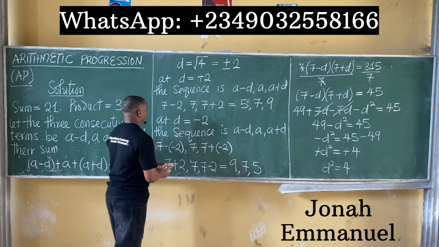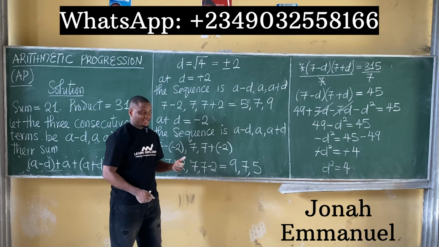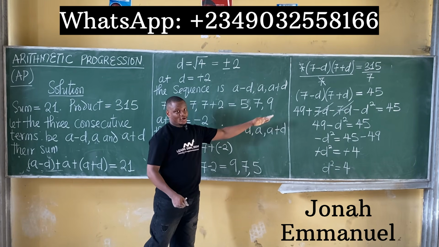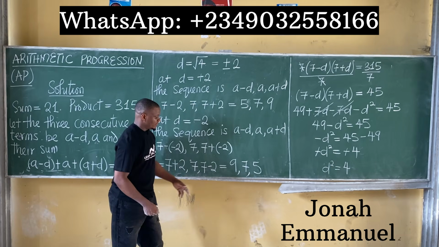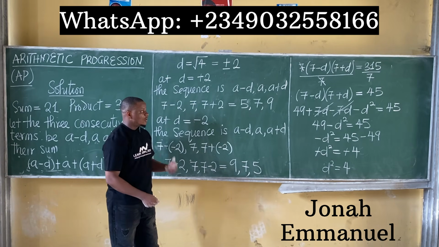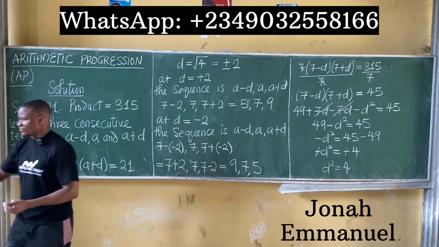In essence, this question has 2 possible sequences. The first sequence is 5, 7, 9 in increasing order, or the second sequence could be 9, 7, 5 in decreasing order. So we have to find the sequence. Hold on, let me check the question again.